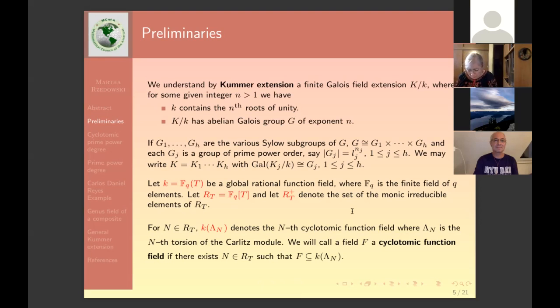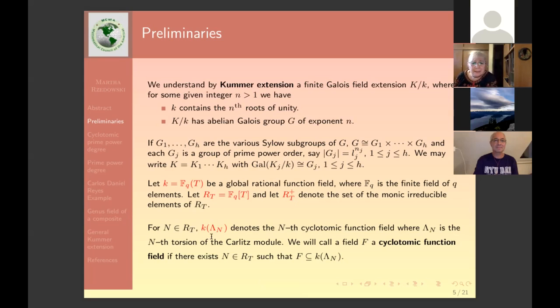At this moment, I emphasize that there is this parallelism between number fields and function fields. The corresponding to this k is the rational numbers. This RT corresponds to the integers, and this RT+ would consist of the positive prime numbers.